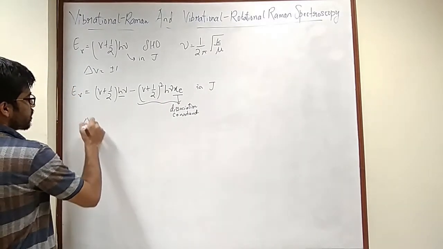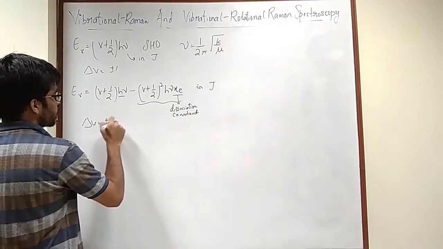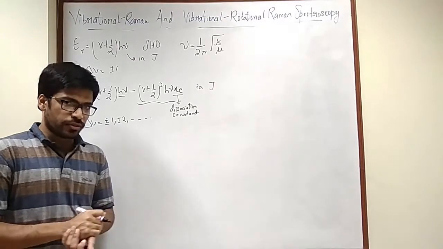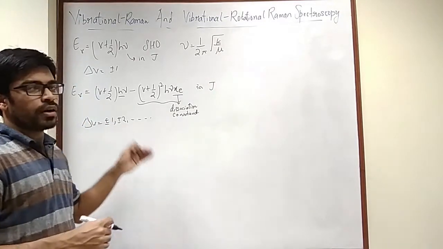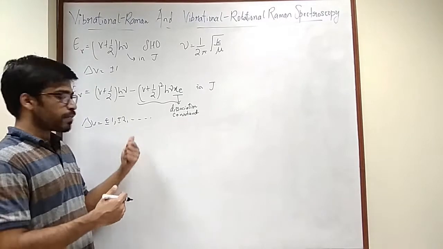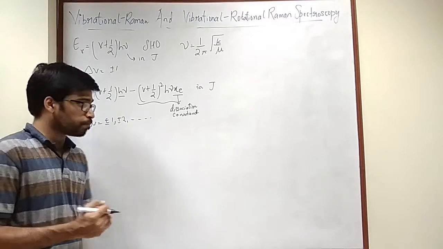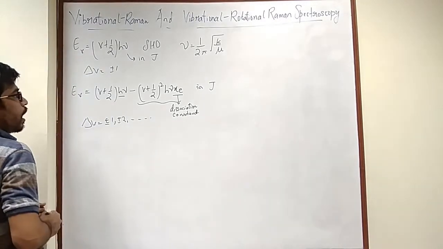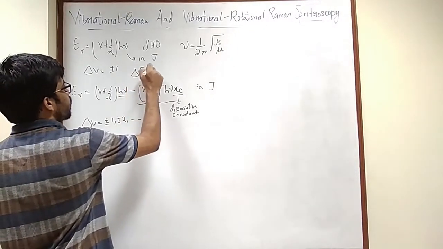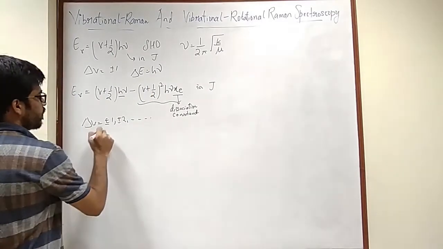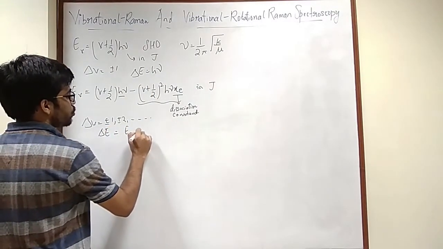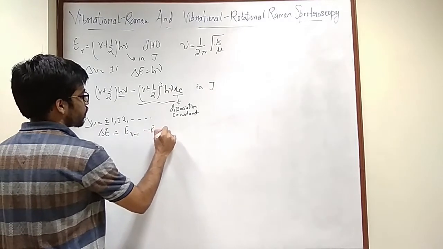Now in this case, the selection rule was plus minus 1, plus minus 2. It can do any kind of transitions, but mostly it was seen that delta V plus minus 2 and higher terms are not very prominent. At least plus minus 2 is there, but not more than that. In the harmonic case, delta E was h nu, and in this case, delta E depends on what transition we are considering.